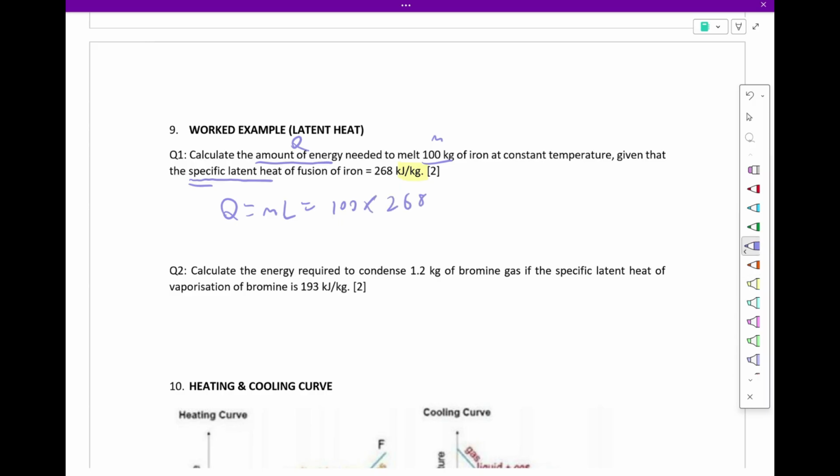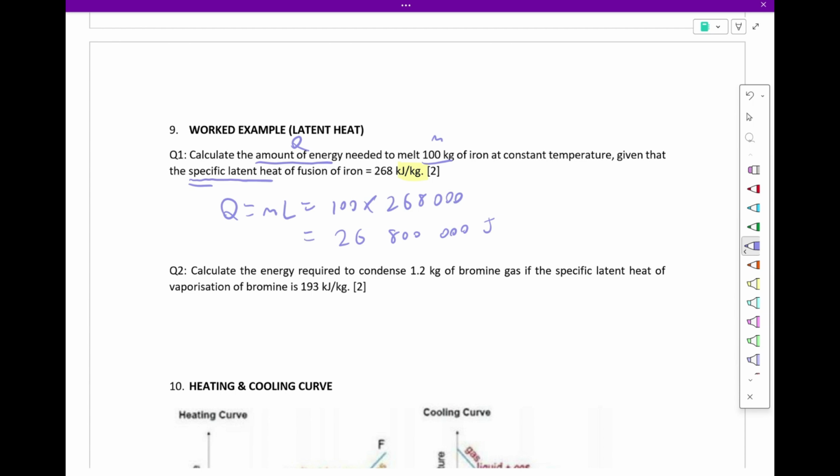So 268, and because kilo, I will change it to 1000. So you end up with a very, very big number. Press your calculator just to make sure that you got it correct. 268, 123. You should have 26,800,000 joules.